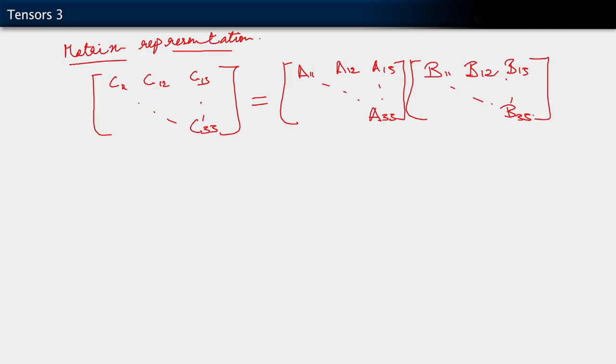So, when we have the benefit of a basis, our rule for tensor multiplication essentially reduces to the multiplication of matrices from linear algebra.